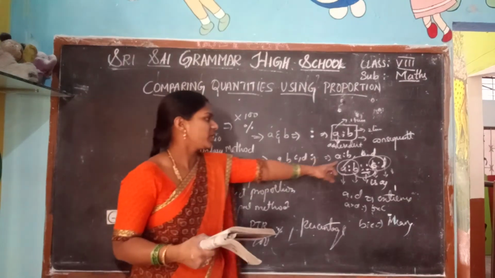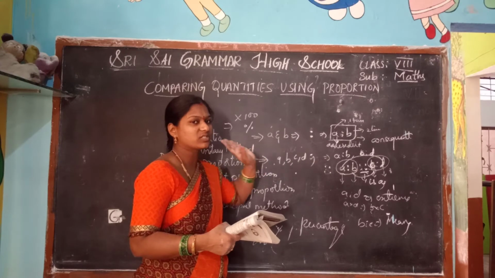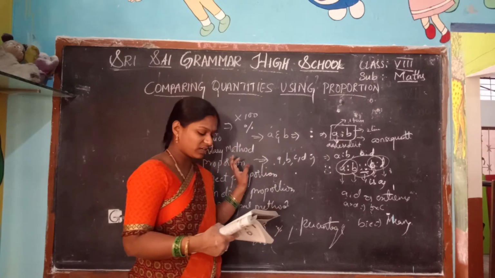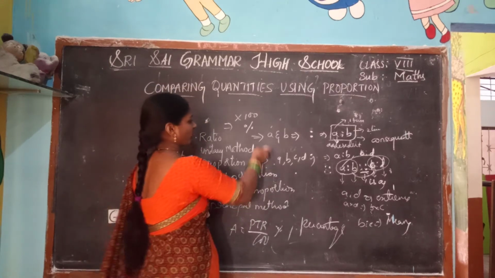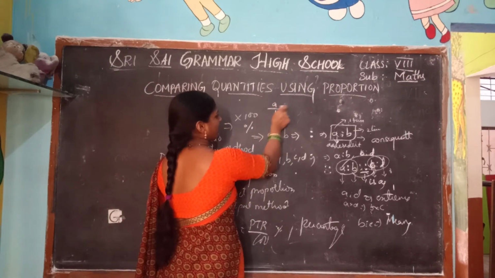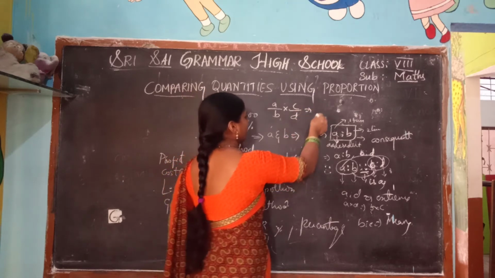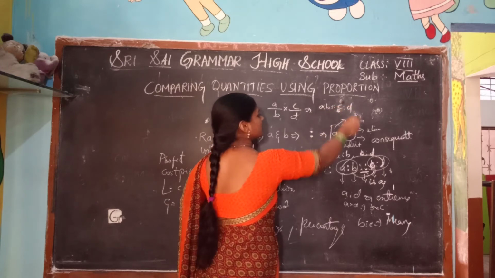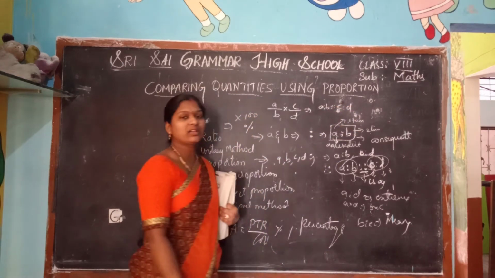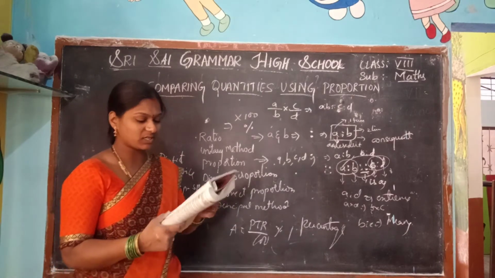See, A is to B and C is to D are these two ratios, where the two ratios are used in proportion: A by B equals C by D. Here AD is called extremes and BC is called means.